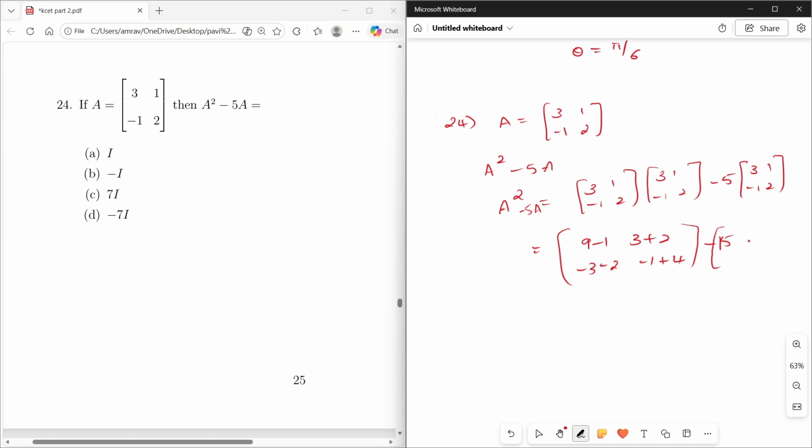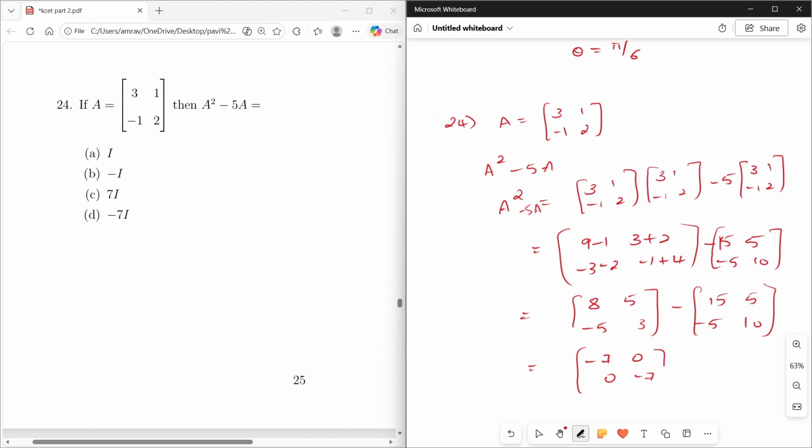Just multiply 5 inside. 5 minus 5, 10. Okay. So now 9 minus 1 is 8; 5 minus 5; 3 minus 15, 5 minus 5, 10. Just subtract them. 8 minus 15 is minus 7, 5 minus 5 is 0, minus 5 plus 5 is 0, 3 minus 10 is minus 7.